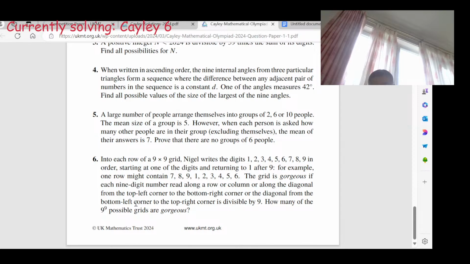If each 9-digit number read along a row or column or along. Oh, gorgeous.